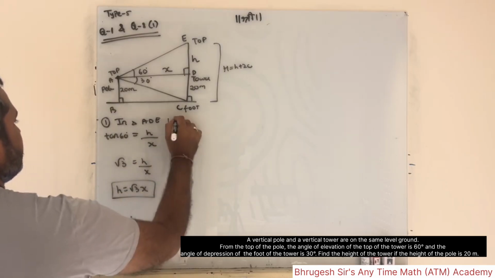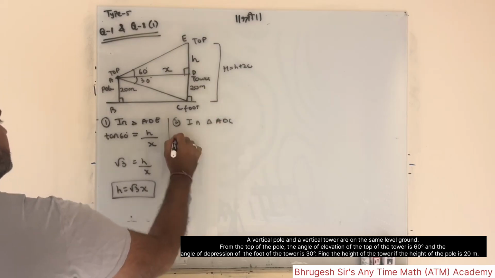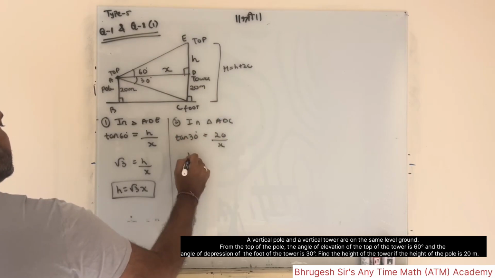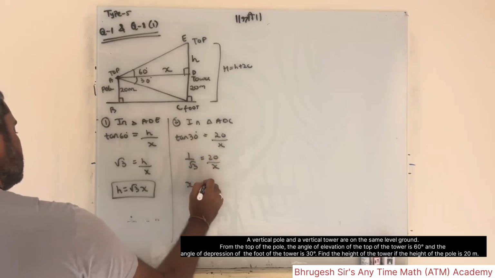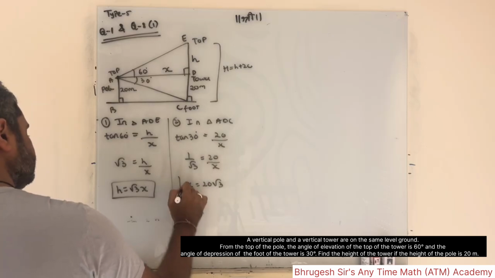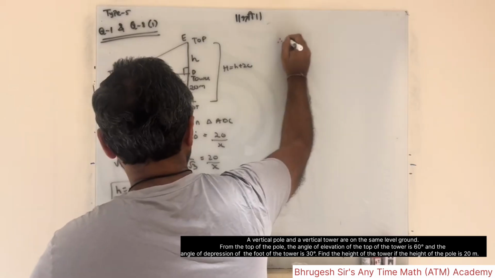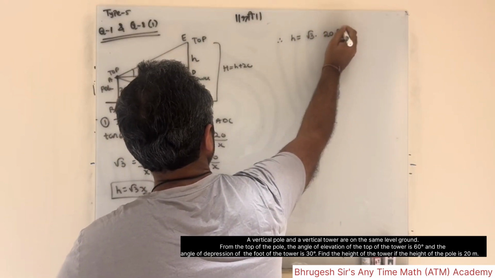Second, in triangle ADC, tan of 30 degrees is opposite 20 upon adjacent X. 1 by root 3 is 20 upon X. So X is 20 root 3. Okay beta, let's substitute this X here. Therefore H is root 3 into 20 root 3.